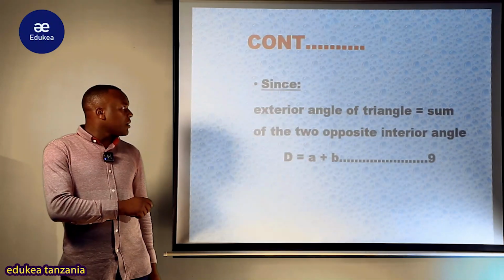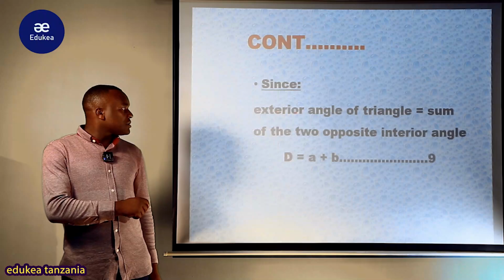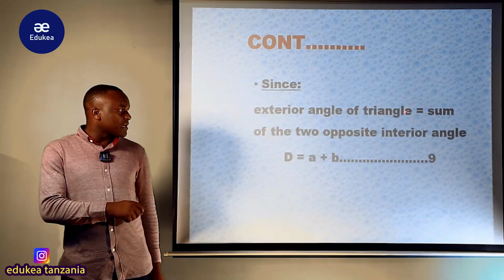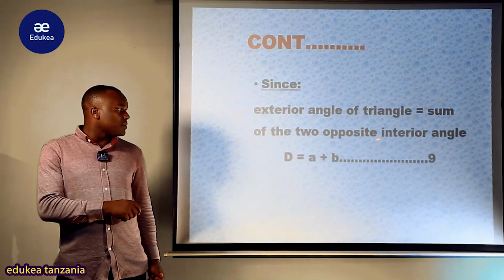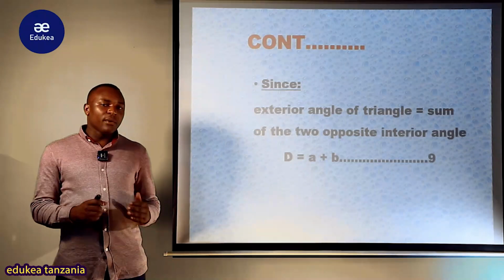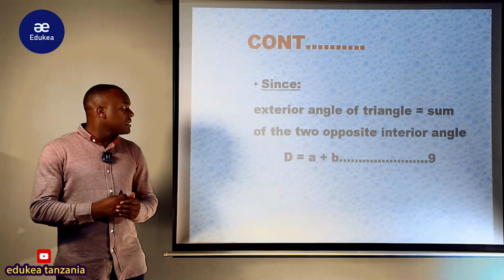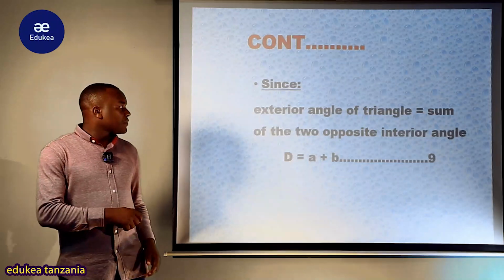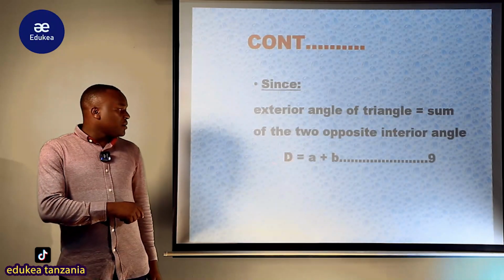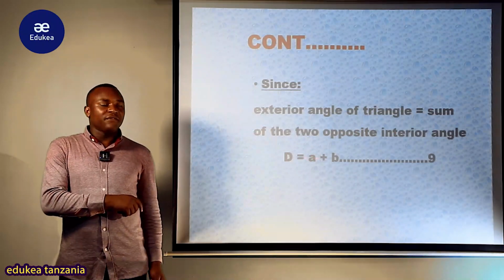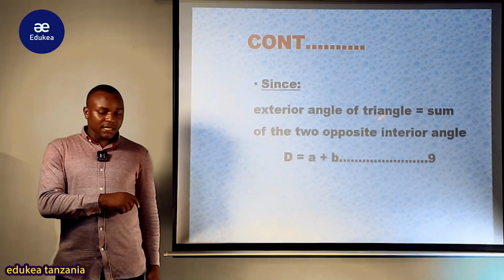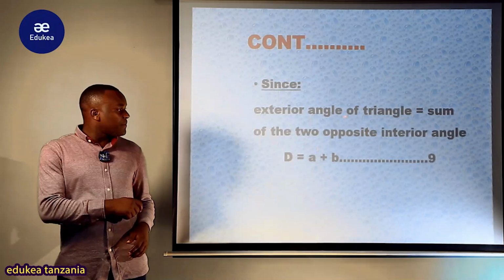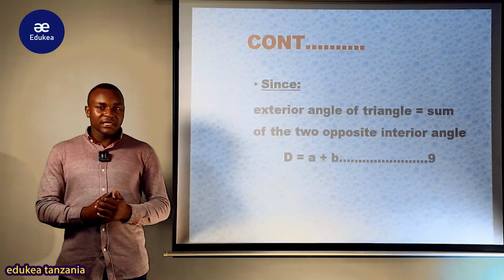Now since exterior angle of a triangle sawa sawa na sum of the two opposite interior angles, kwamba ukitake the summation of the interior angles ni sawa sawa na kuchukua sum of the opposite interior angles. So angle D, angle of deviation will be A plus B. Kama itakuwa A plus B, then tuite equation ya 9.